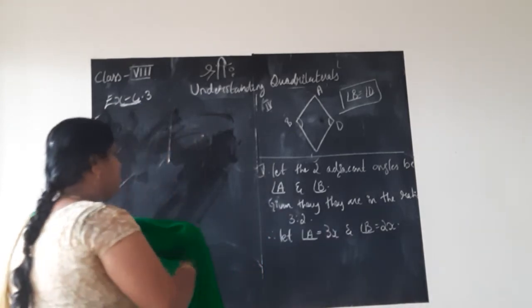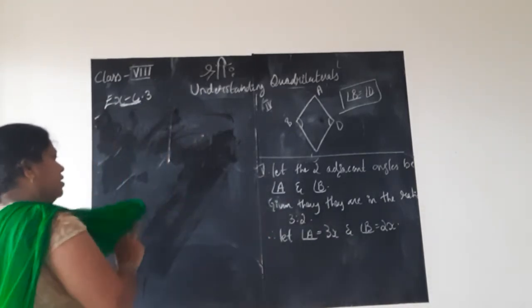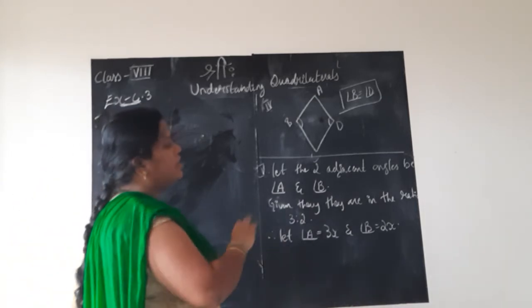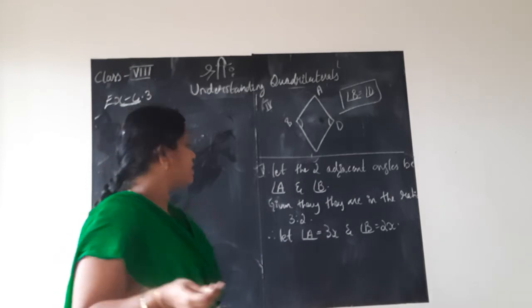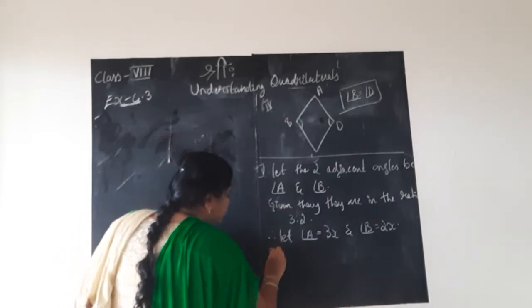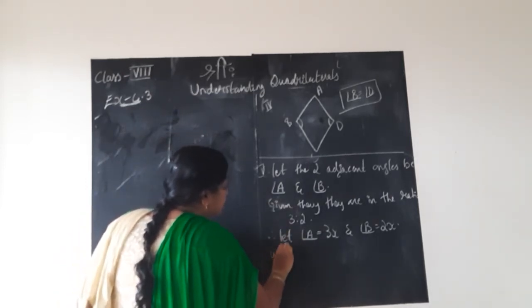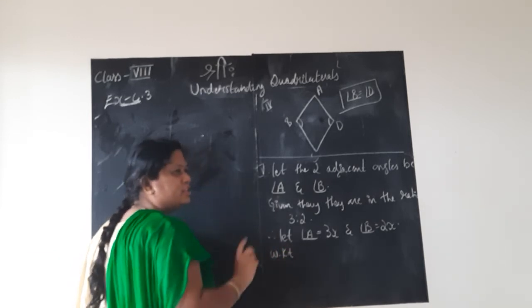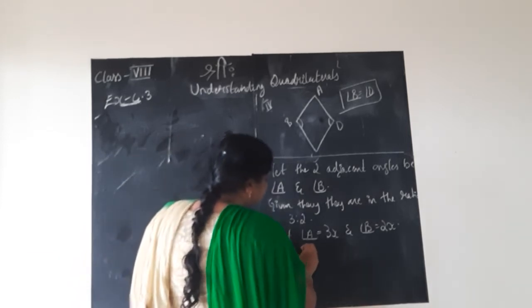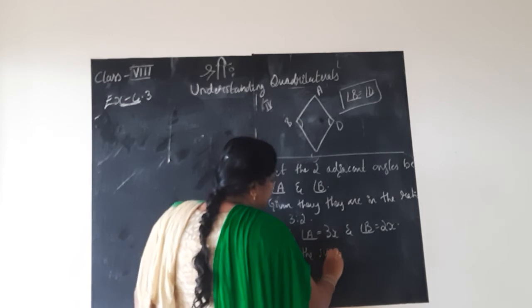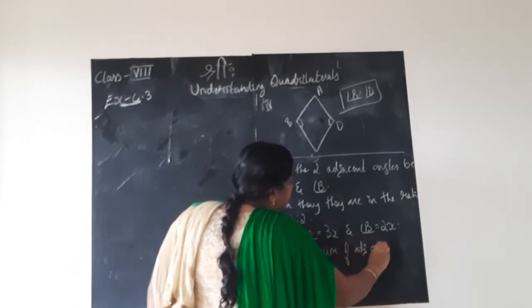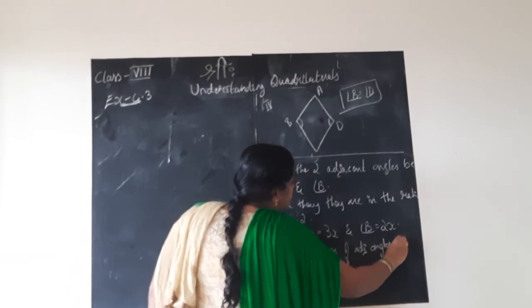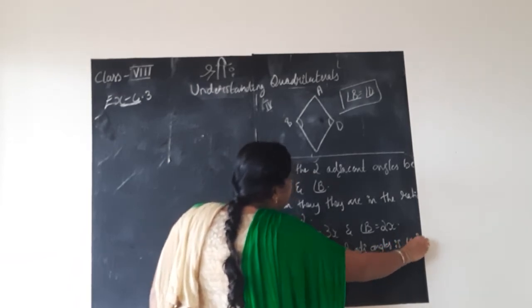Let us find it now. So angle A and angle B. Since they have only given that A and B are adjacent angles, we know that the sum of adjacent angles is 180 degrees.